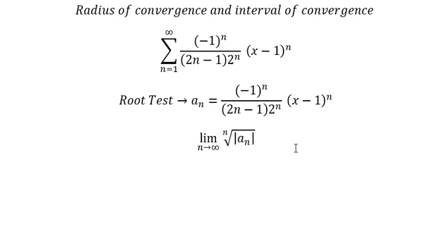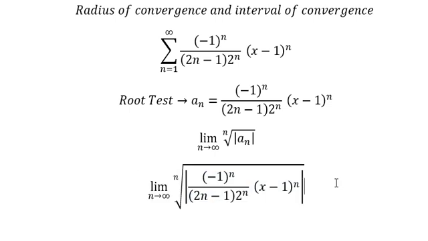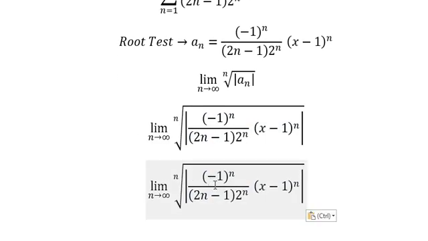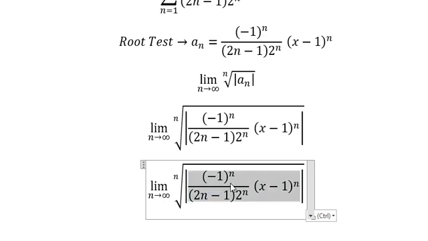So in this case I will put this one in here, because this is inside the absolute value. That means negative 1 to the power of n is always positive. So if we put everything outside, it will be like this.